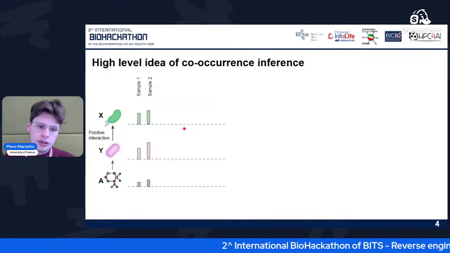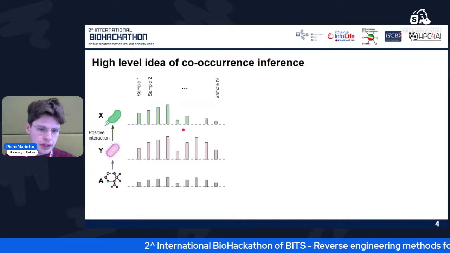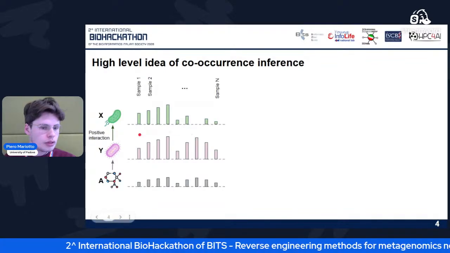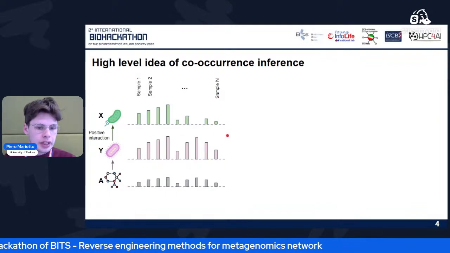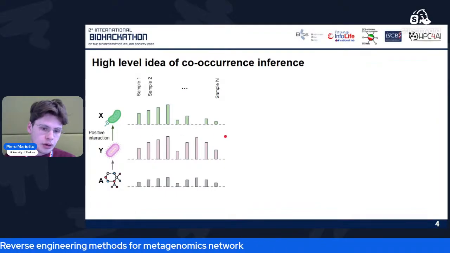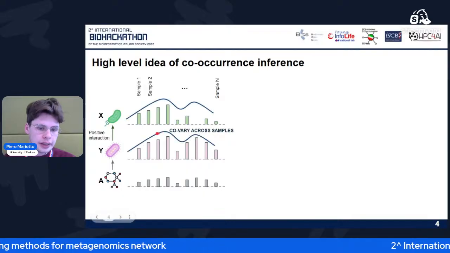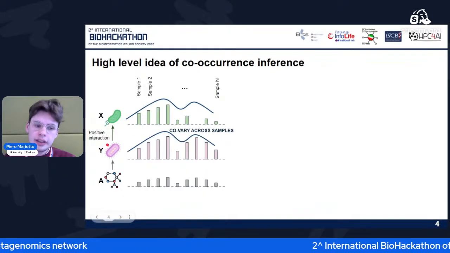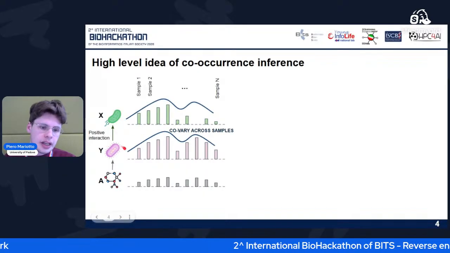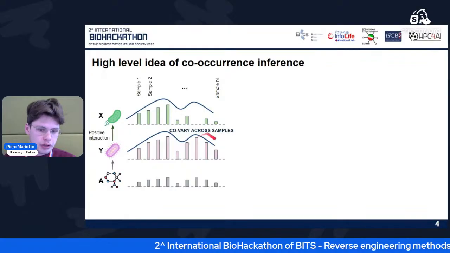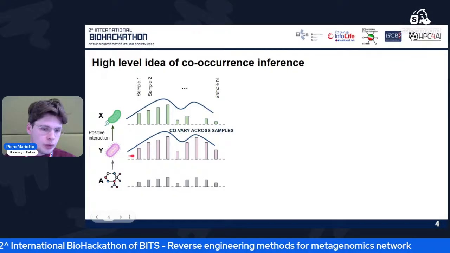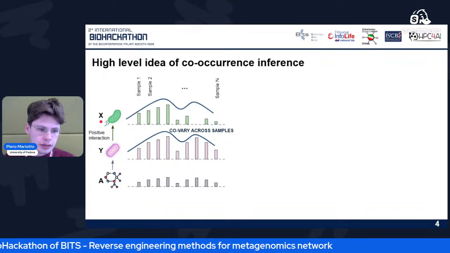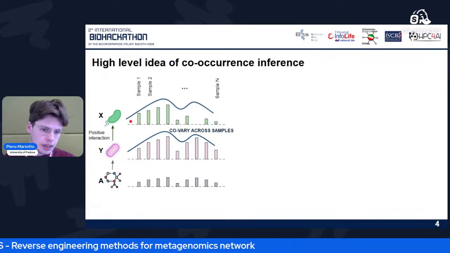So if you then take many more observations of this small community, you will end up with something that looks like this. The main idea behind co-occurrence inference is to note that since the two species positively interact, their abundances covary across samples, across observations, in the sense that if Y increases or decreases, the abundance of X also increases or decreases accordingly.